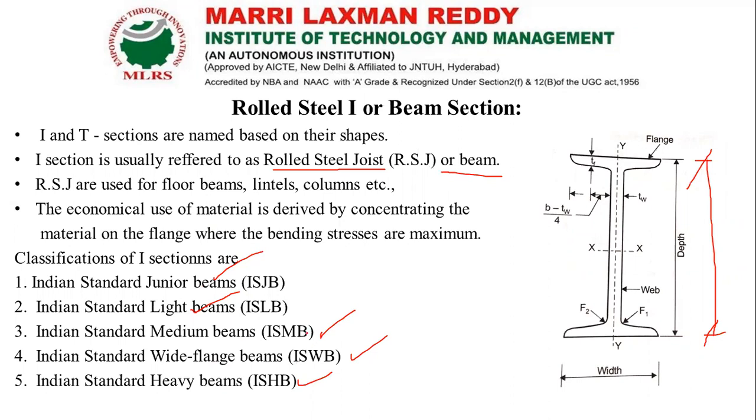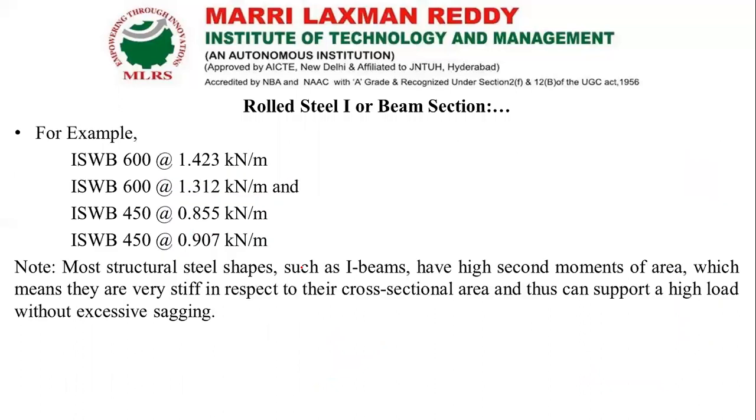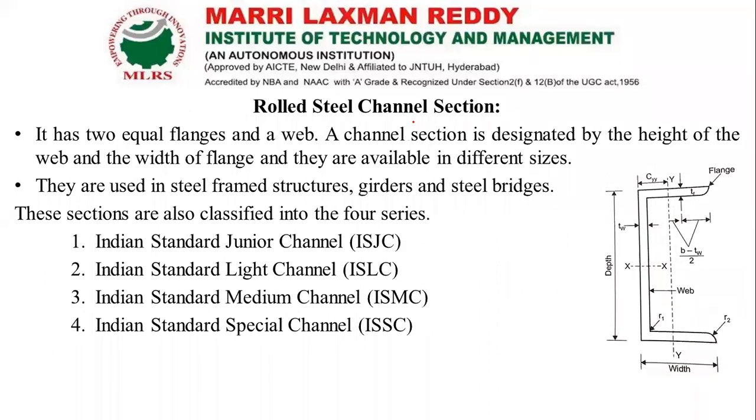HB, WB, MB, LB, and JB. These are some examples: ISHB 600 at 1.43 kilonewton per meter, ISWB 600 at 1.312 kilonewton per meter, like that. Next, channel sections.